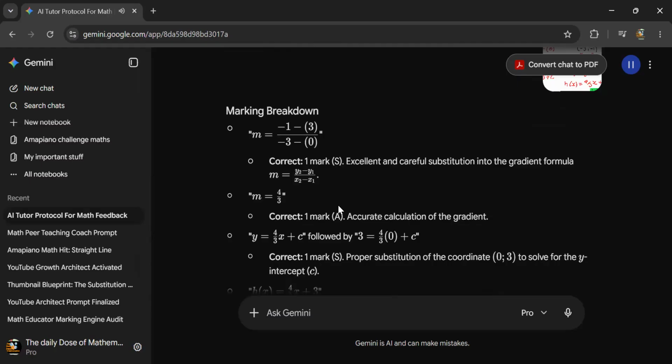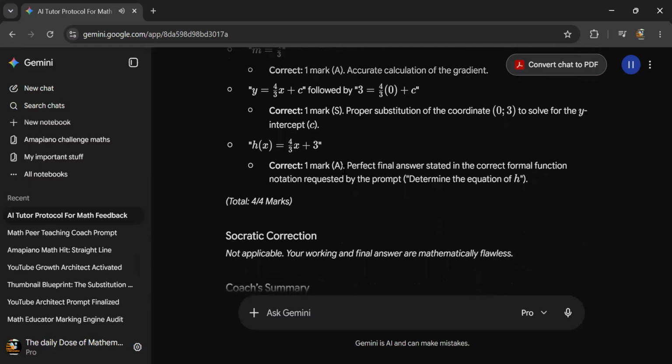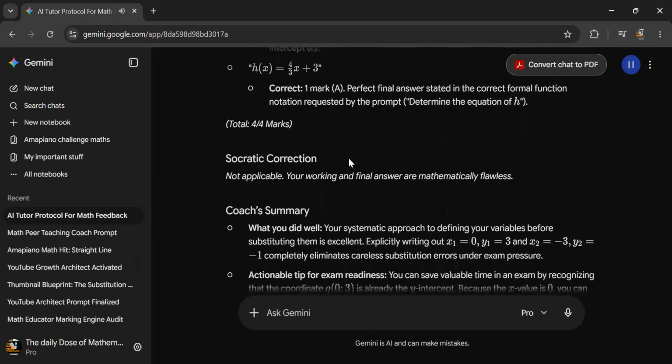Correct. 1 mark S. Proper substitution of the coordinate (0, 3) to solve for the y-intercept, c. h(x) equals frac 4 3 x plus 3. Correct. 1 mark A. Perfect final answer stated in the correct formal function notation requested by the prompt. Determine the equation of h. Total, 4/4 marks. Socratic correction: not applicable. Your working and final answer are mathematically flawless.